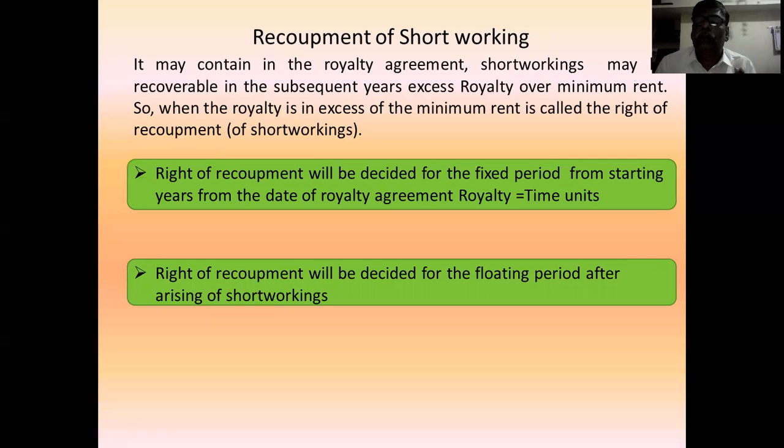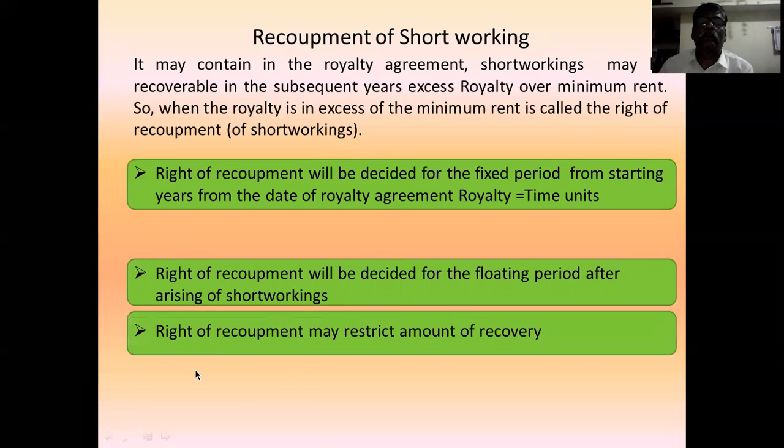Or the short working can be recovered in the next, following, or proceeding years. Regarding the second condition, the words used are next years, following years, preceding years, or subsequent years. I'll take one example and tell you clearly how to calculate the royalty. You remember these points. This is regarding recoupment of short working.